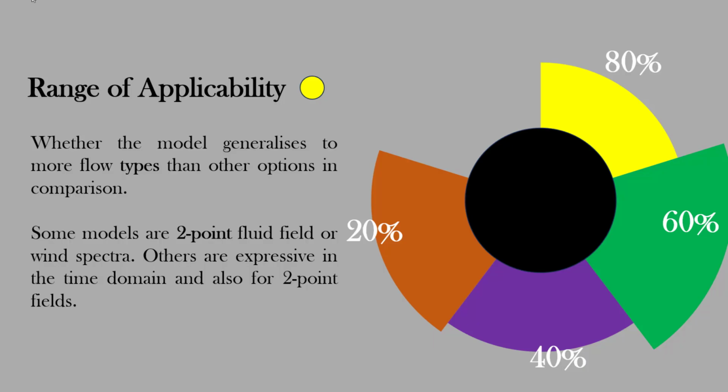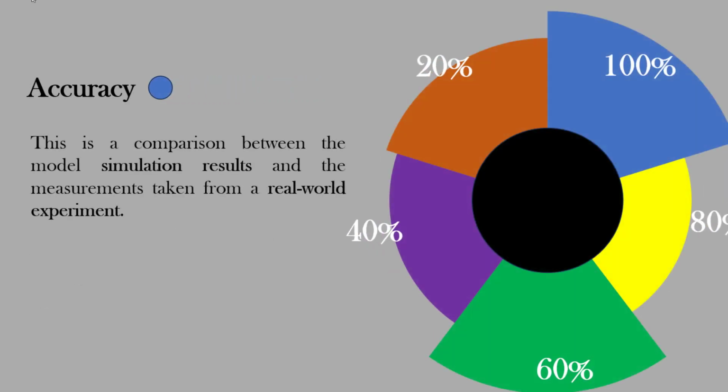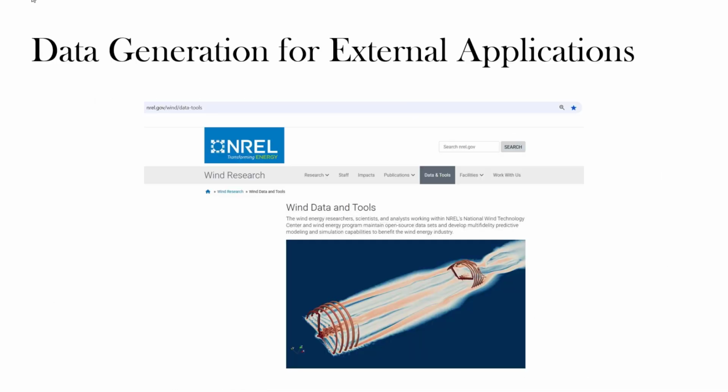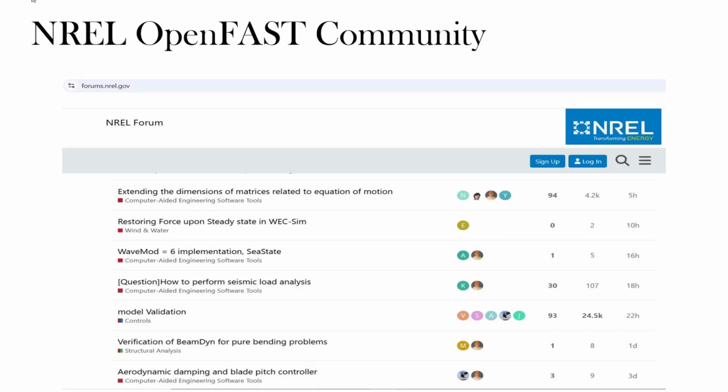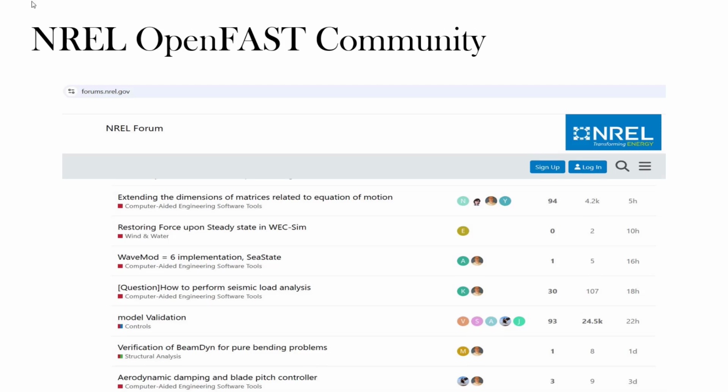So there's also a forum online where, if you are doing research, you can actually create a page. You have to contact the managers of this page on NREL in order to create an account. Then you can ask questions. If you go to this forum, you can ask questions. You can also browse the information about issues that people have faced before, how they handled it, in order to understand better how to run and make use of OpenFAST.